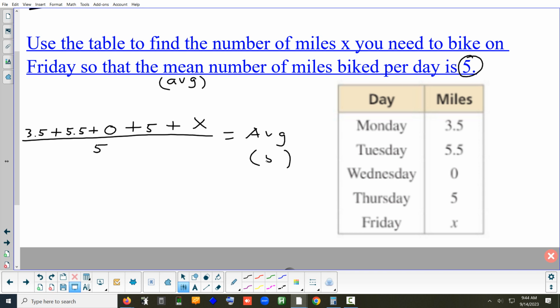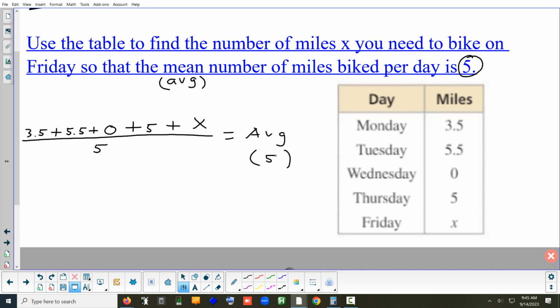So on this side, we replace average with what they want it to be, 5. If you were doing this for a class, you could put an average like 90. If you had 4 tests already and 1 more to go, that's how you could figure out what you have to get on the last test to make sure you get an average of 90.